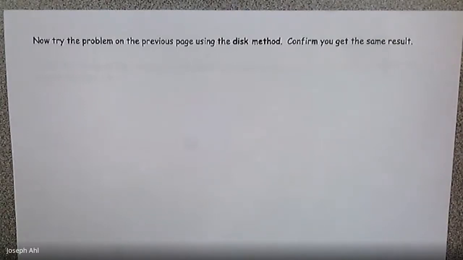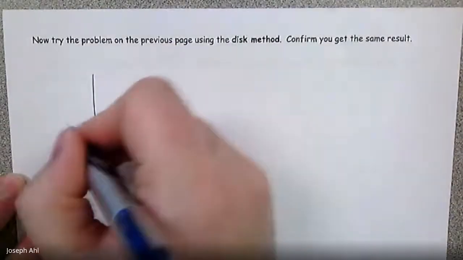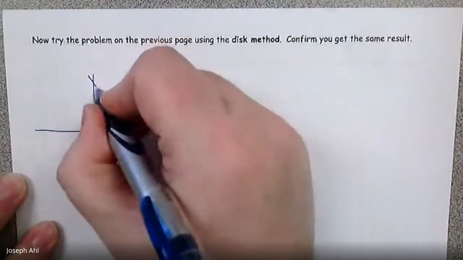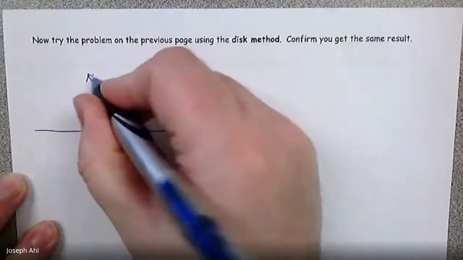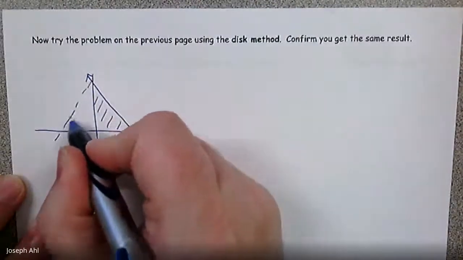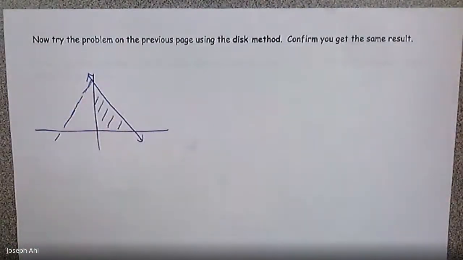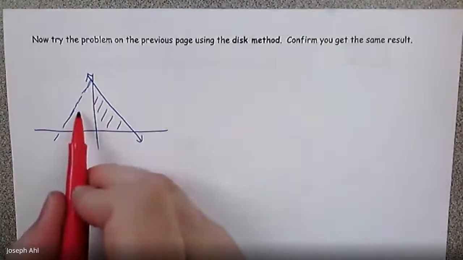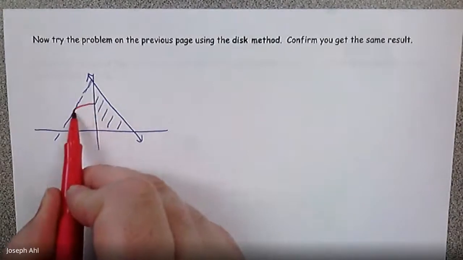So in the disk method, if we just resketch our image real quick, here was the line. This is the region that we're rotating around, so it's going to look something like this. All right, here are the disks that we're looking at.